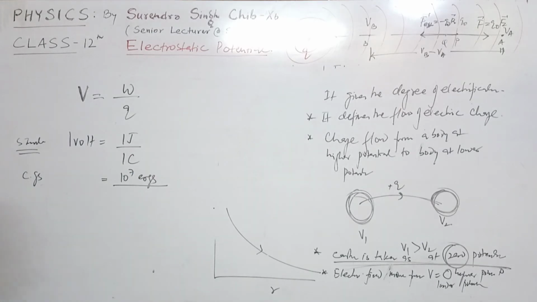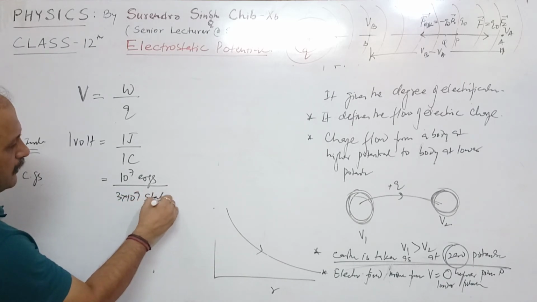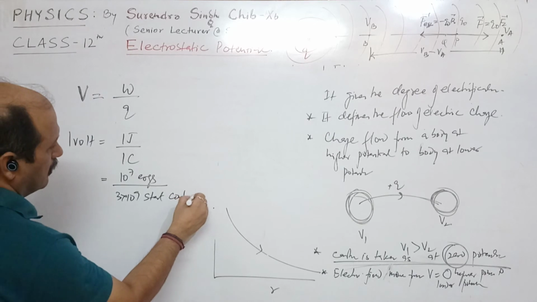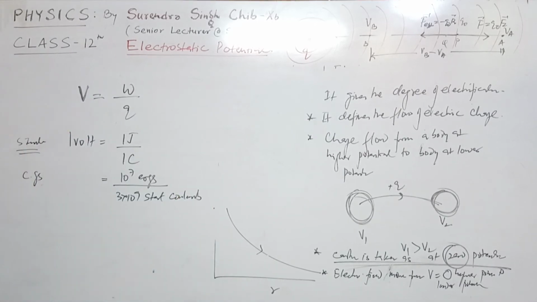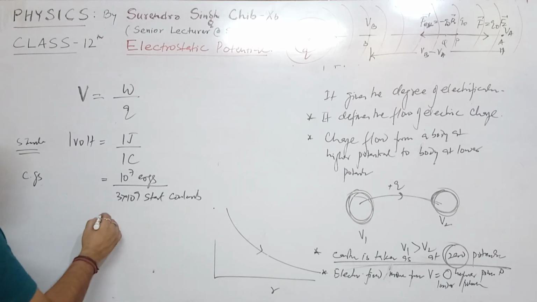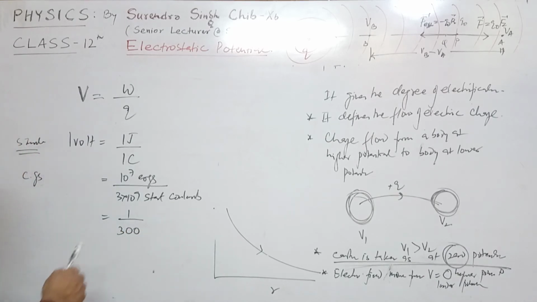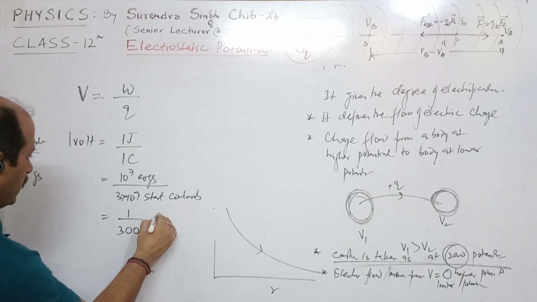That is 3 into 10 raised to 9 stat coulomb. 10 raised to 7 ergs, 3 into 10 raised to 9 stat coulomb. And this comes to be, if you go, it is 1 upon 300 something. What something?